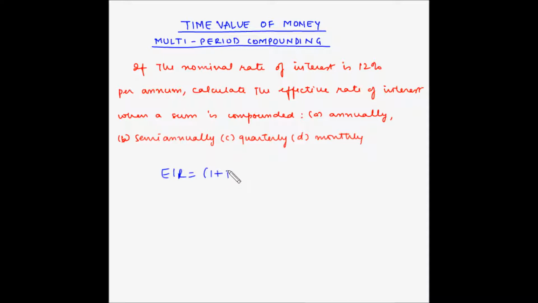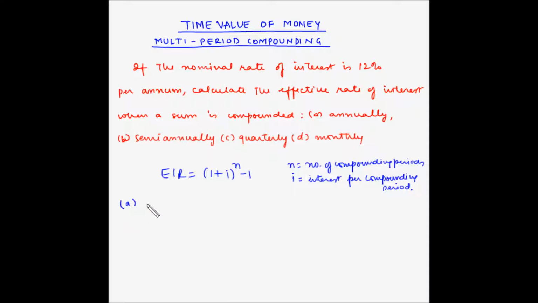So (1 + i)^n, and then we'll do a minus 1 to convert into percentage, where n is the number of compounding periods and i is the interest per compounding period.